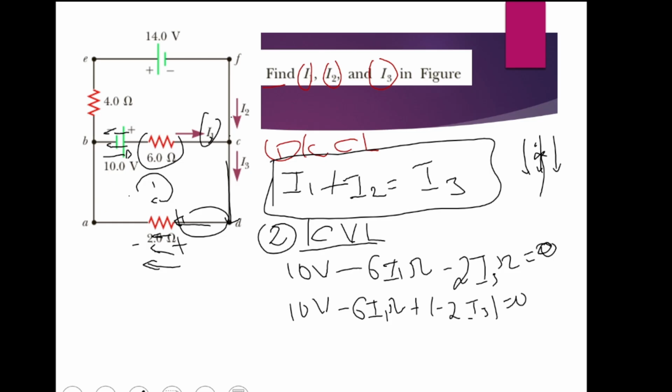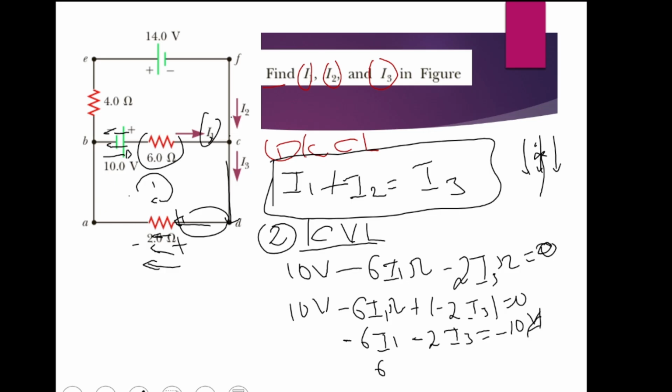So from this one, we get minus 6 I1 minus 2 I3 equals minus 10, because they cancel each other.